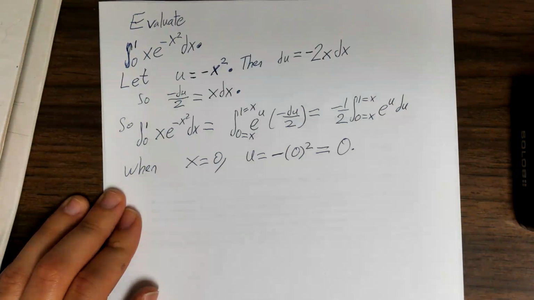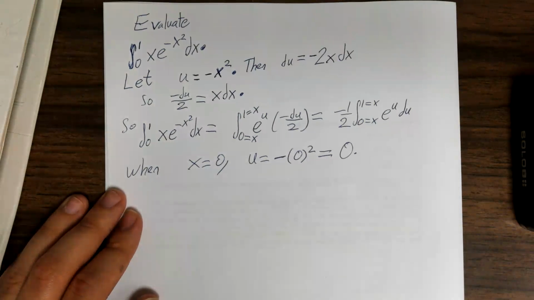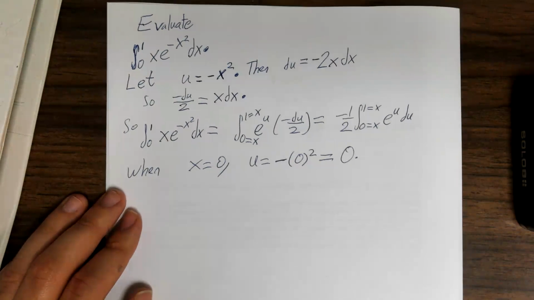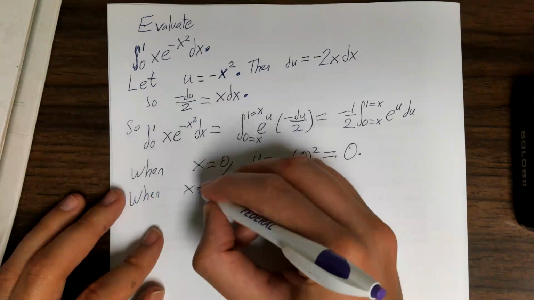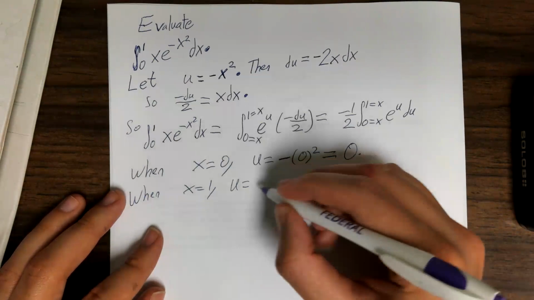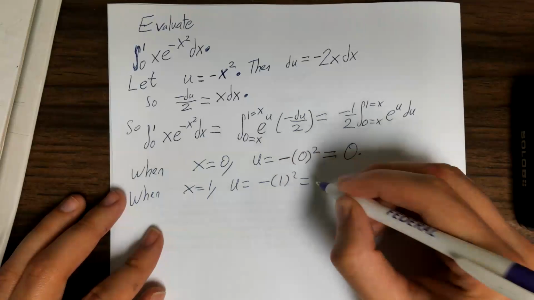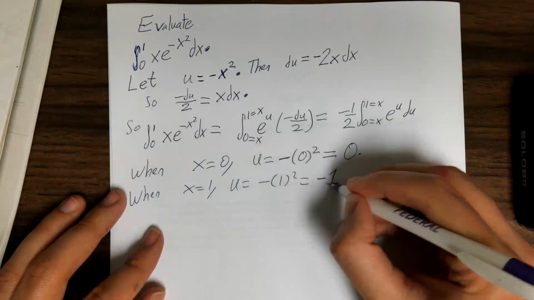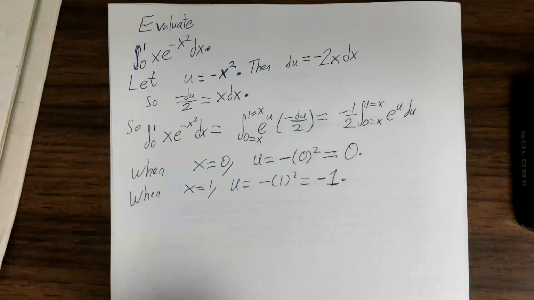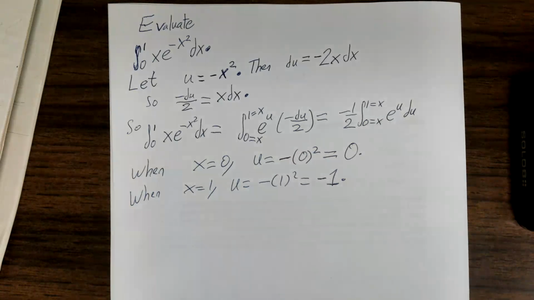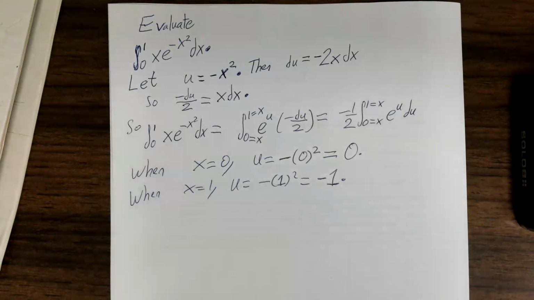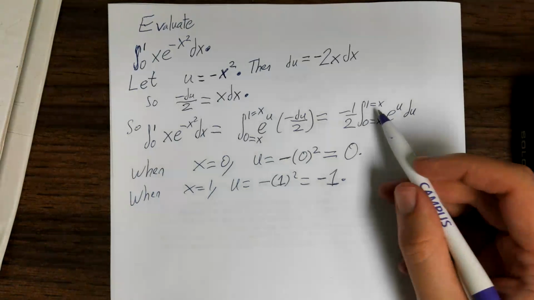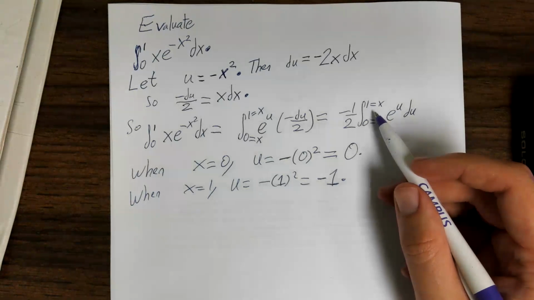Okay, well, great. The limit of integration did not change. When x equals 1, u is equal to a negative 1 squared. Well, that's actually just a negative 1, because the square is only applying to the things that we have in our parentheses here. Well, that means that the new upper limit of integration is negative 1.